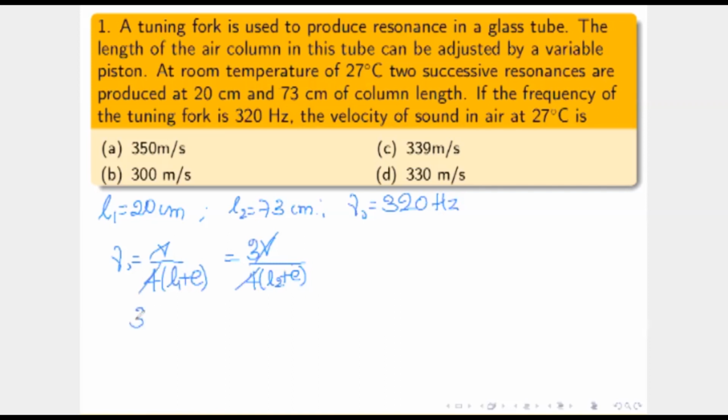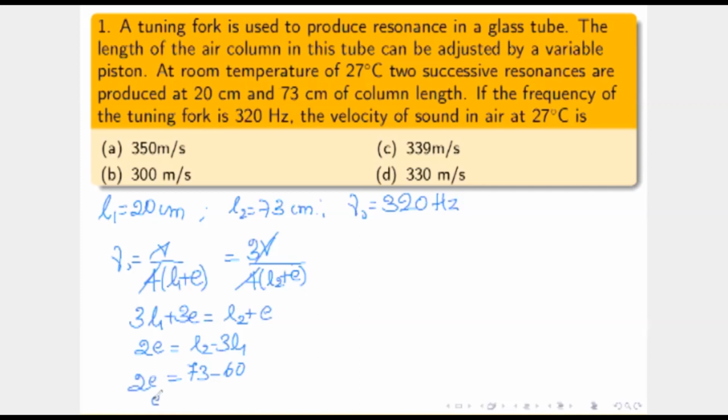We get 3 times L1 plus 3 times E is equal to L2 plus E, or 2 times E equals L2 minus 3L1. What is L2? It is 73 minus 3L1, which is 20 into 3 times, that is 60. So it is 13 centimeters is 2E.